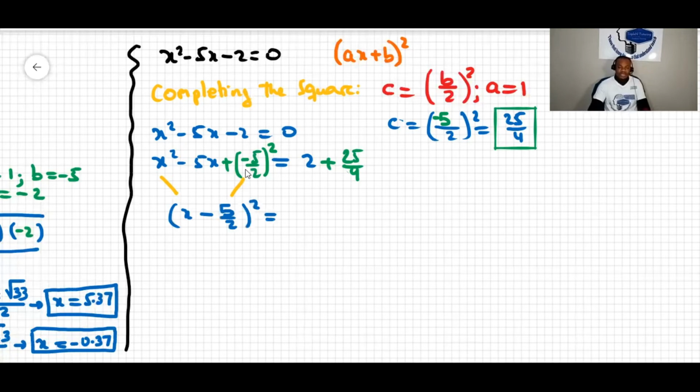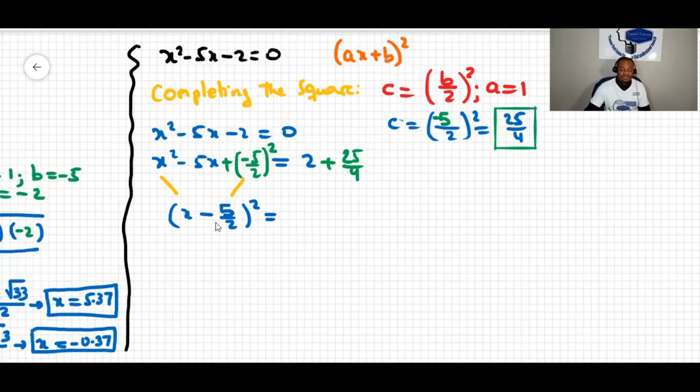Usually I get the question, where did the 5x go? It didn't disappear. It is still over here. If we expand this bracket, we'll retrieve negative 5x and x squared and (negative 5/2) to the power of 2. So it is somewhere in here.